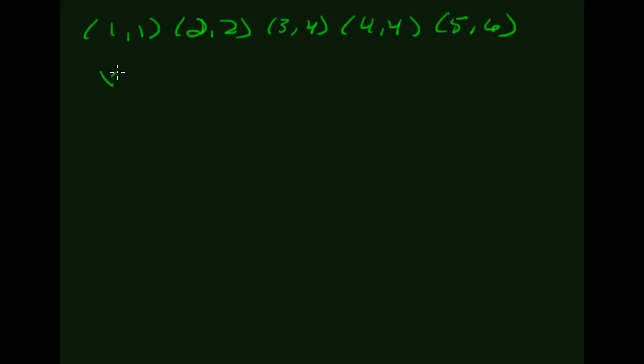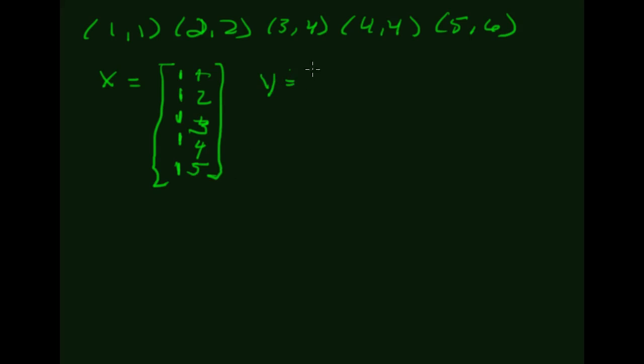So according to what we said here, I can make an X matrix. Now, the first column of my X matrix is all 1s, and then I go 1, 2, 3, 4, 5. Those are my X values. And then I make a corresponding Y matrix with the Y values. So that's 1, 2, 4, 4, 6.